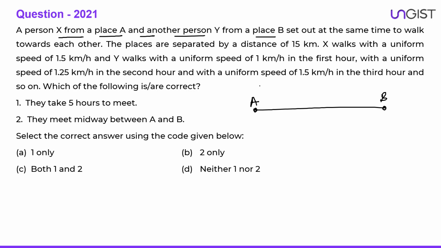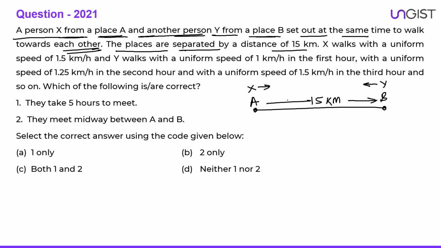From place A, a person X travels towards B, and from place B, a person Y travels towards X. The question says they set out at the same time to walk towards each other. Okay, fine. They have started at the same time. The places are separated by a distance of 15 kilometers. The distance between A and B is 15 kilometers.